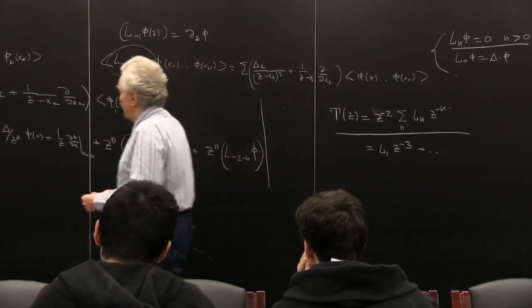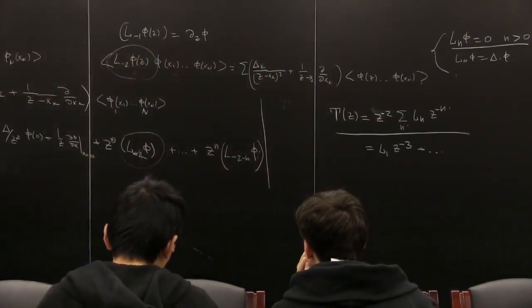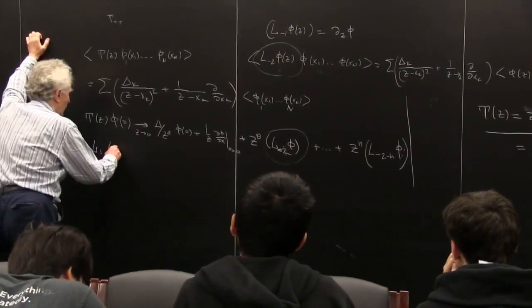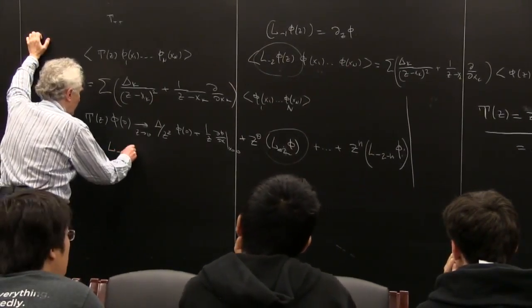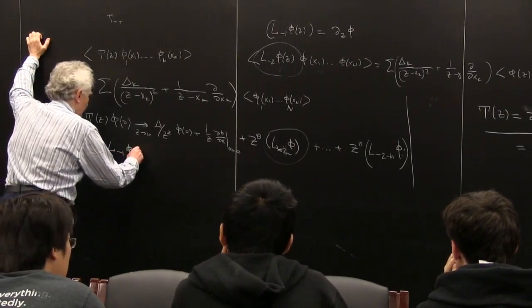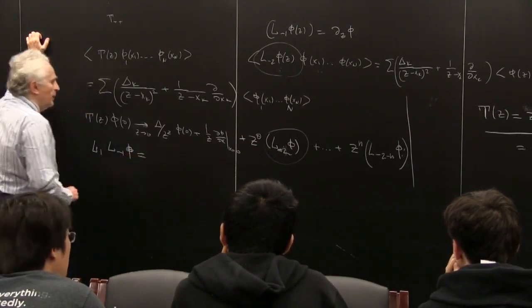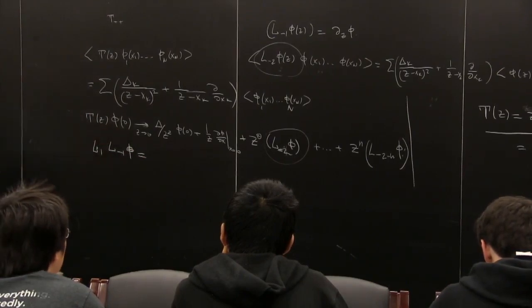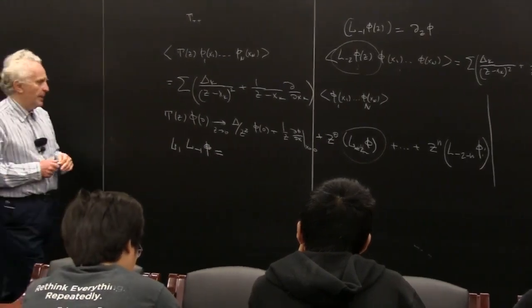So we conclude that if you have L1 L minus 1 phi, what it will be equal to you can immediately read from this line.